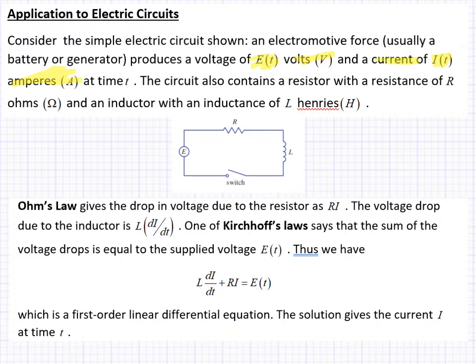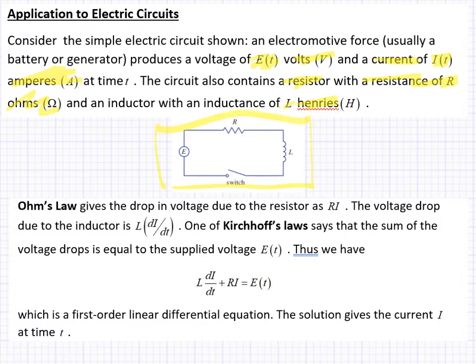The circuit also contains a resistor with a resistance of R measured in ohms, and an inductor with an inductance of L henries. This is your typical, very simple circuit if you've ever dealt with circuits.